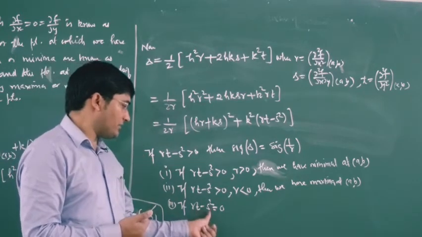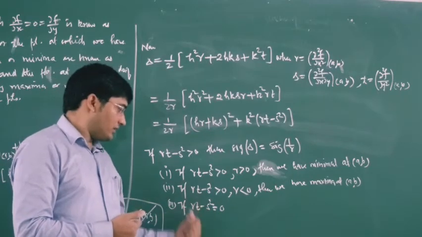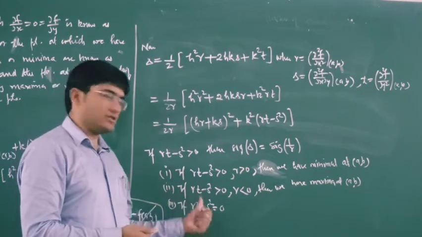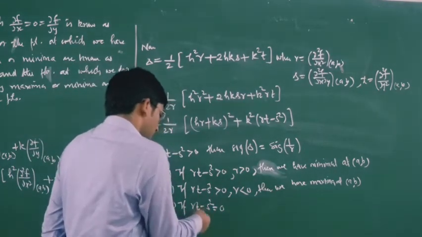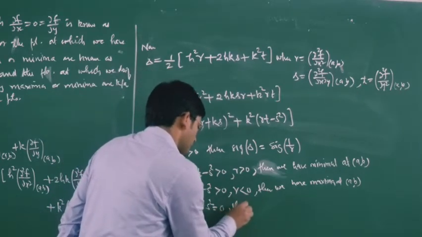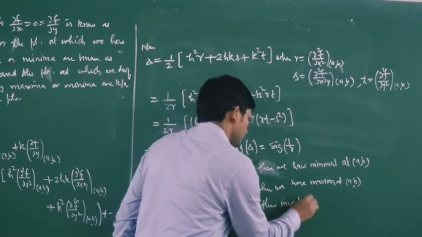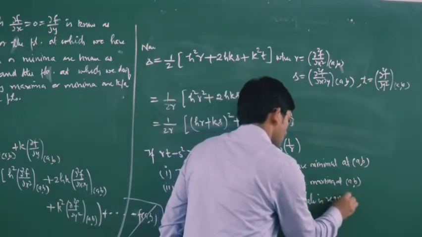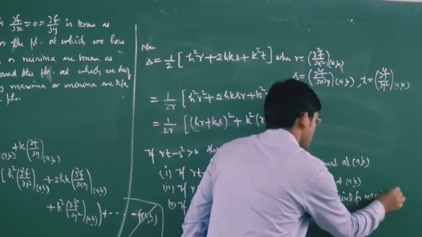So if your rt minus s square is 0, then as we do not have any values of r, s, t, we will say that this case is doubtful, so further investigation is required for maximum and minimum.